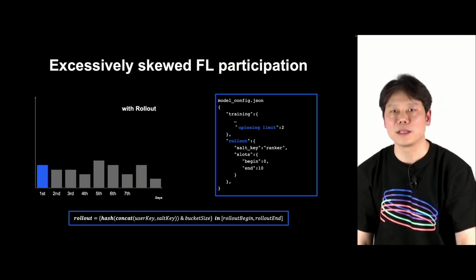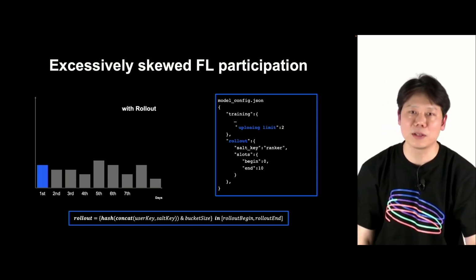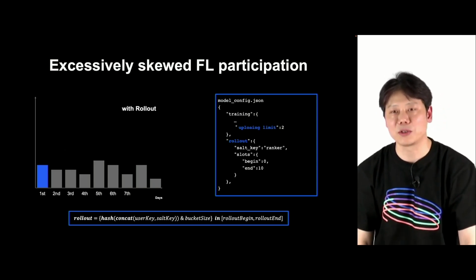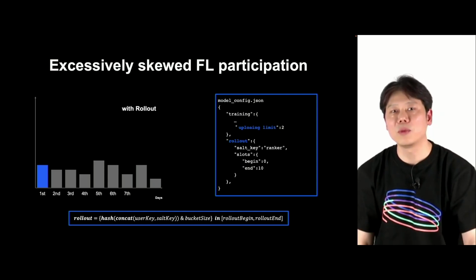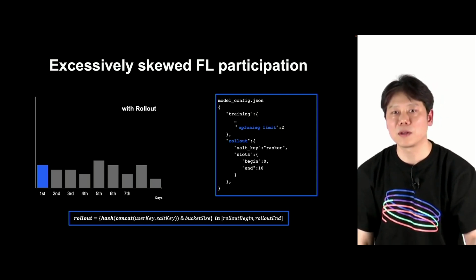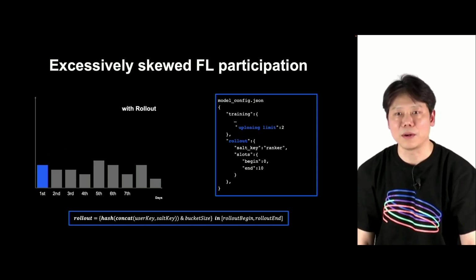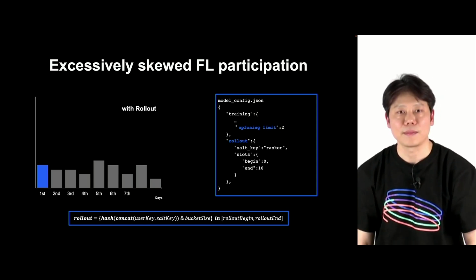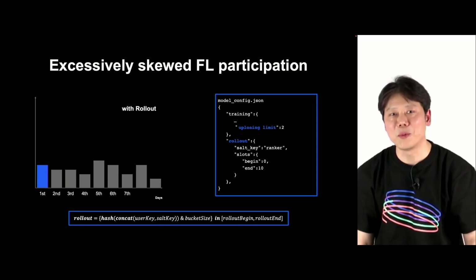So as you can see on the left-hand side, all the users do not join at the same time when the model is distributed. They can be distributed over the entire period and participate in the learning equally. And the uploading limit will prevent the server upload from being done after they exceed a certain number of learnings.